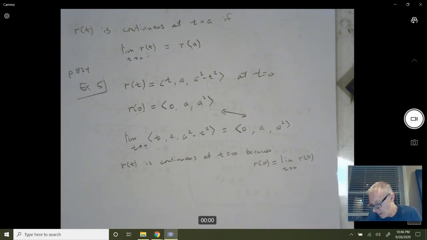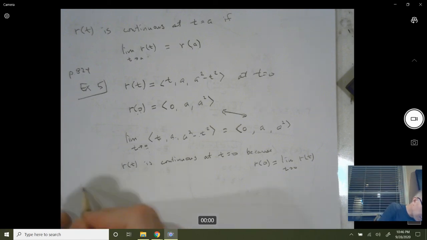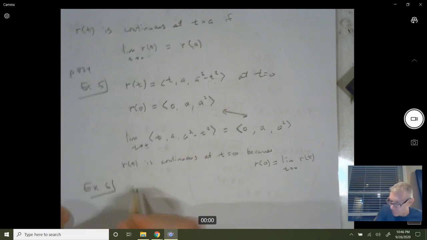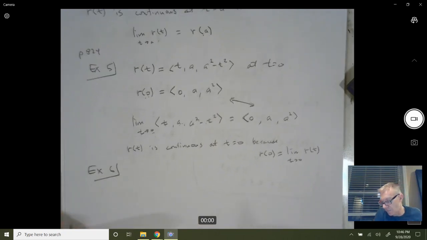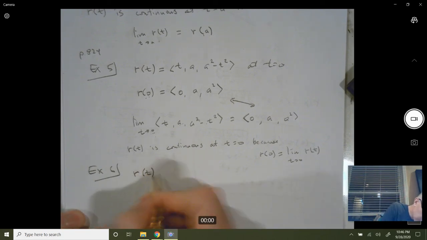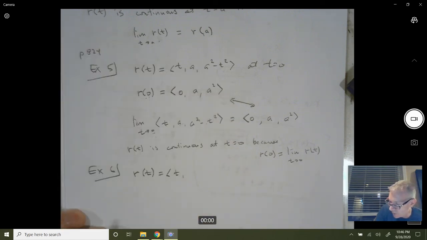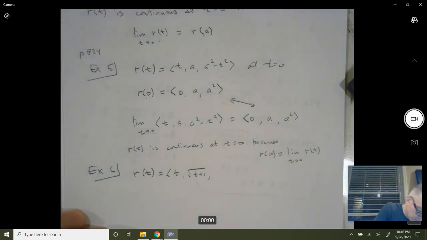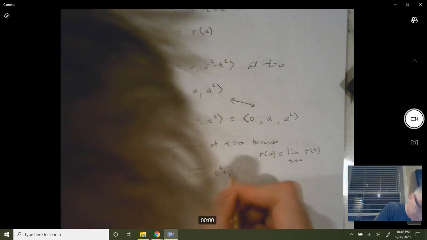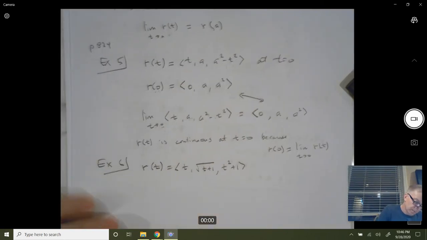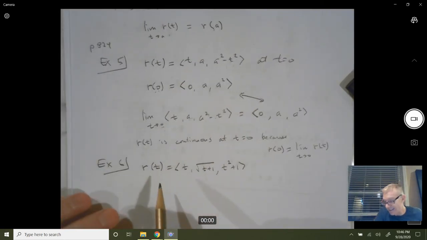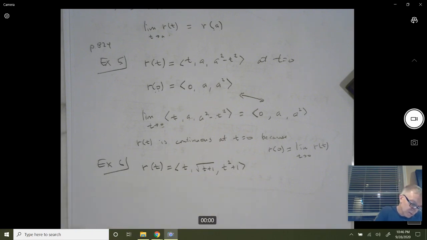Okay, and let's look at one more. So the continuity of a vector valued function, example 6. Okay, so this one, determine the interval on which the vector valued function is continuous. Our vector valued function is r of t equals t squared, square root of t plus 1, and t squared plus 1. So we're finding the interval on which this vector valued function is continuous.